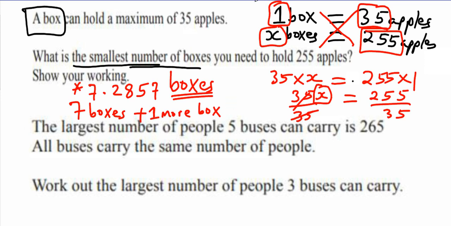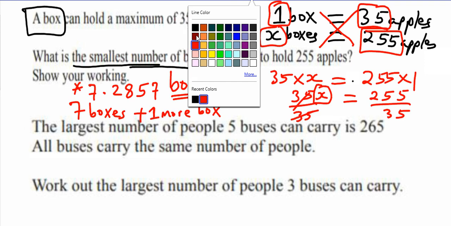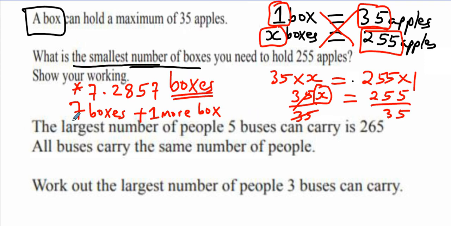You will get 8 boxes. 8 boxes will be able to hold 255 apples.